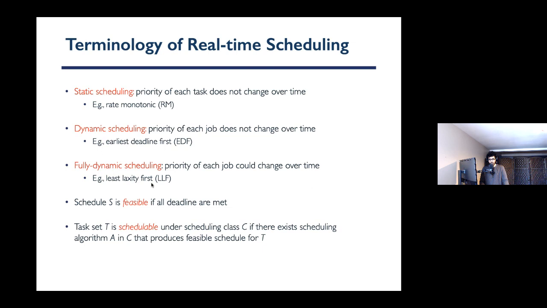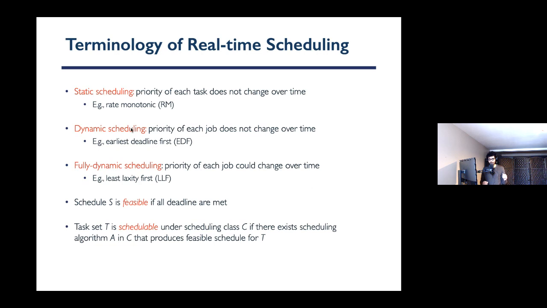Now, fix a task set, a workload, just some number of tasks that you have. And then focus on a scheduling policy class. You have 3 classes of scheduling policies: static, dynamic, fully dynamic. Now, a task set T is schedulable under that class if there exists a scheduling algorithm in that class that produces a feasible schedule for that task set.